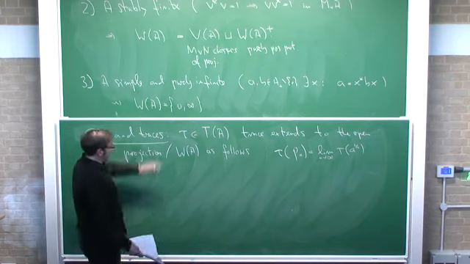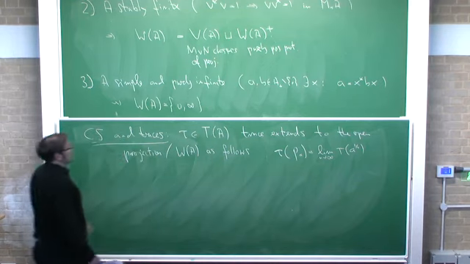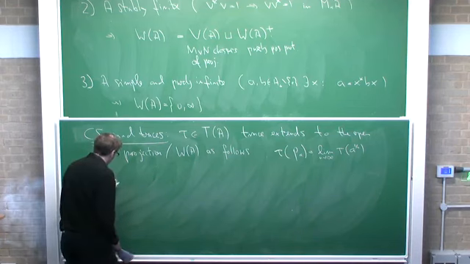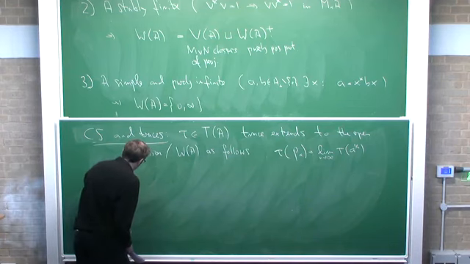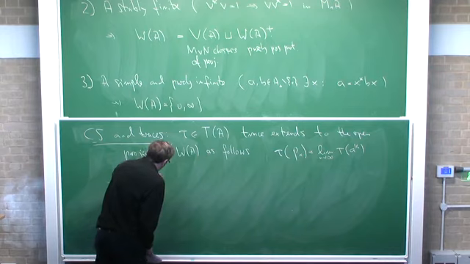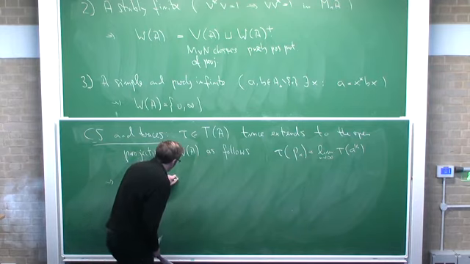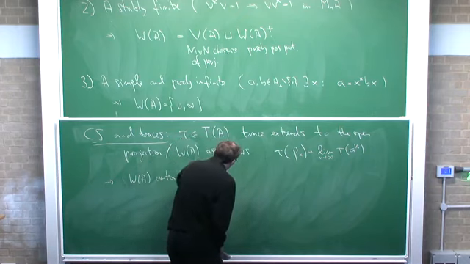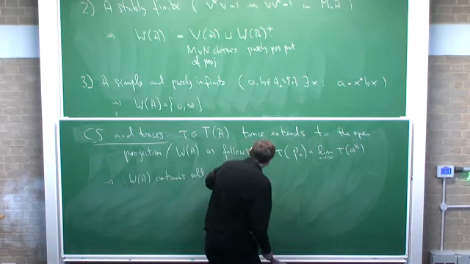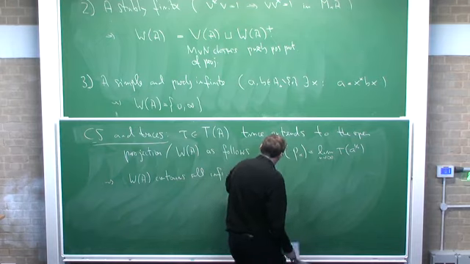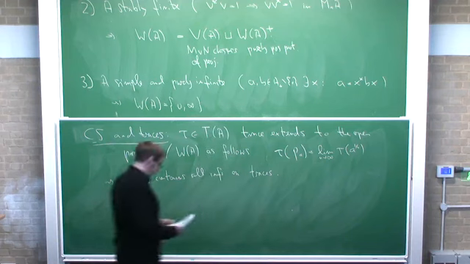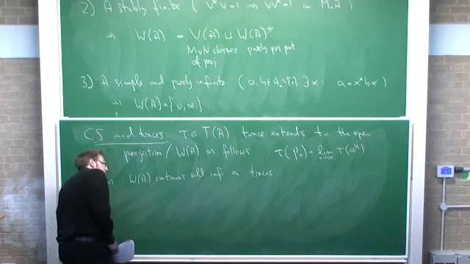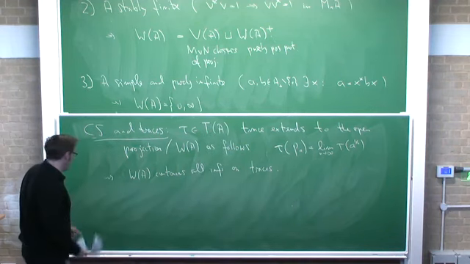And in that sense, the Cuntz semigroup contains also the information about traces. W(A) contains all information of traces for the algebra.